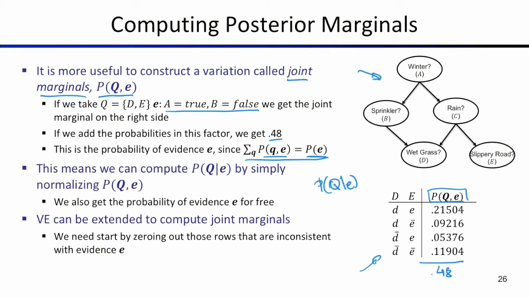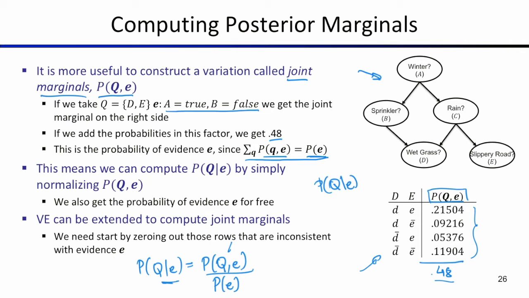And because of Bayes conditioning, we know that the probability of Q given E is equal to the probability of Q and E divided by the probability of E. If I have the probability of E, that is this 0.48, I can obtain the posterior marginals from the joint marginals that I have here, just by dividing everything by 0.48. So it's going to be like a normalization process. We sum all those values and divide each value by the sum, that is 0.48, and we get the posterior marginals.